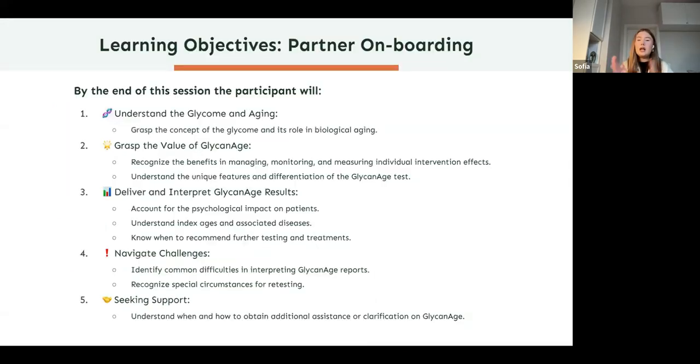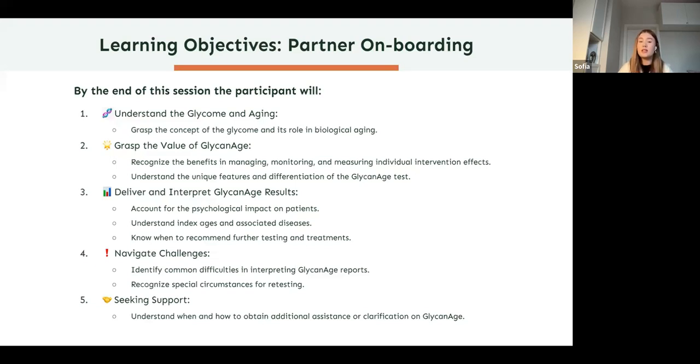So let's start. The key objectives of this session are for you to be able to understand the glycome and aging. So we hope that you would be able to grasp the concept of the glycome and its role in biological aging. And similarly, we want you to understand the value of GlycanAge as a commercial product.